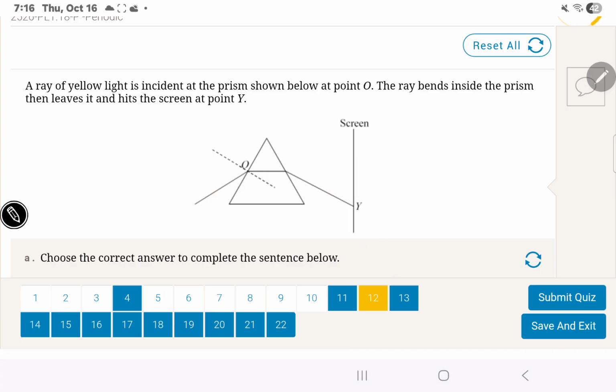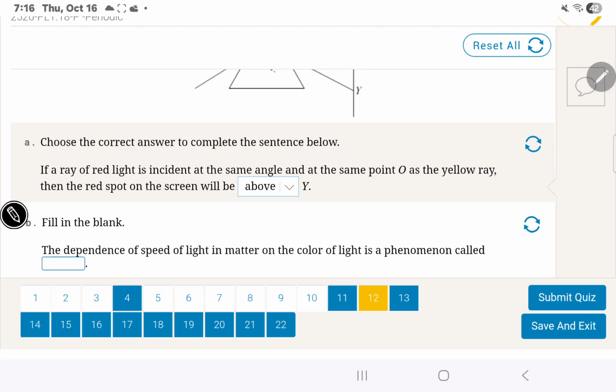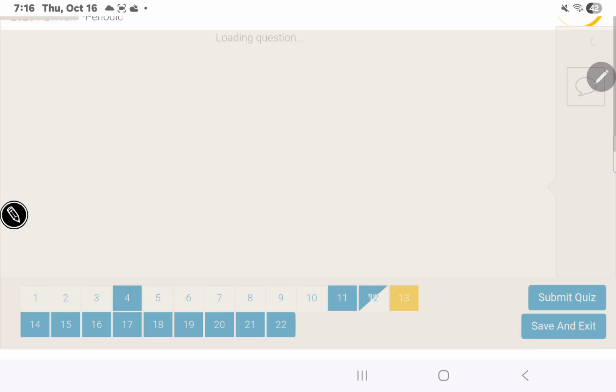So here clearly red must be at the top. So that's why we choose above Y. The dependence of speed of light in matter on color of light is a phenomenon called dispersion. Number 13.